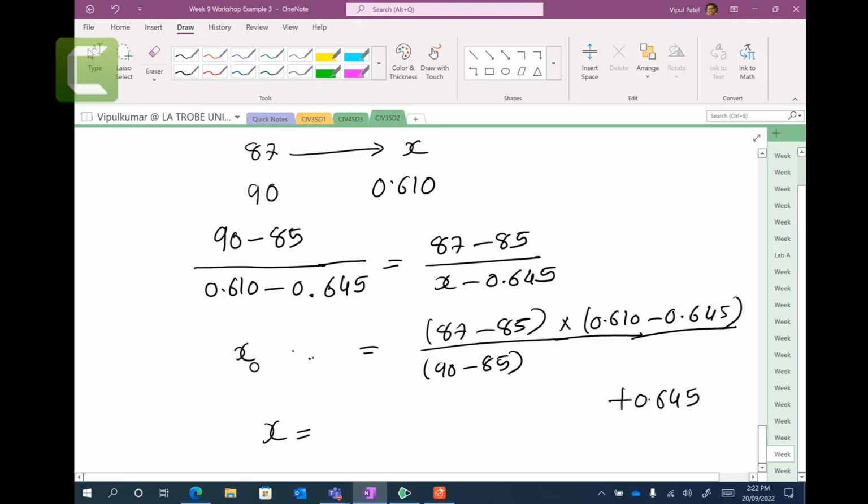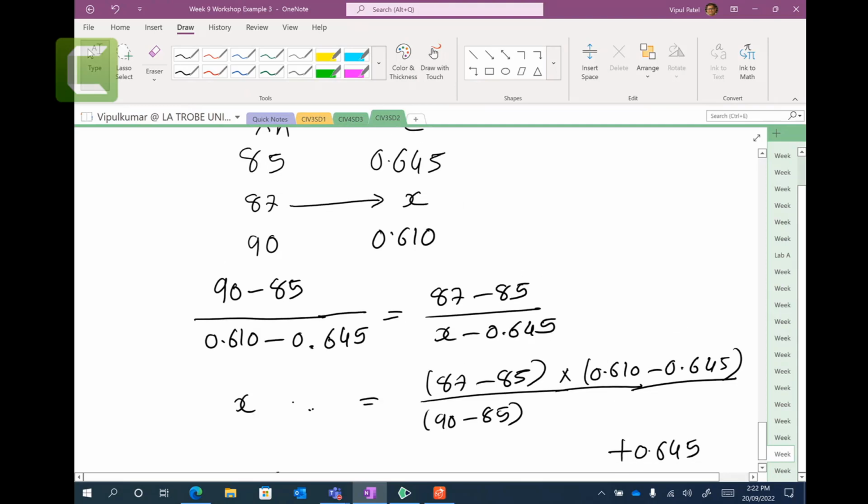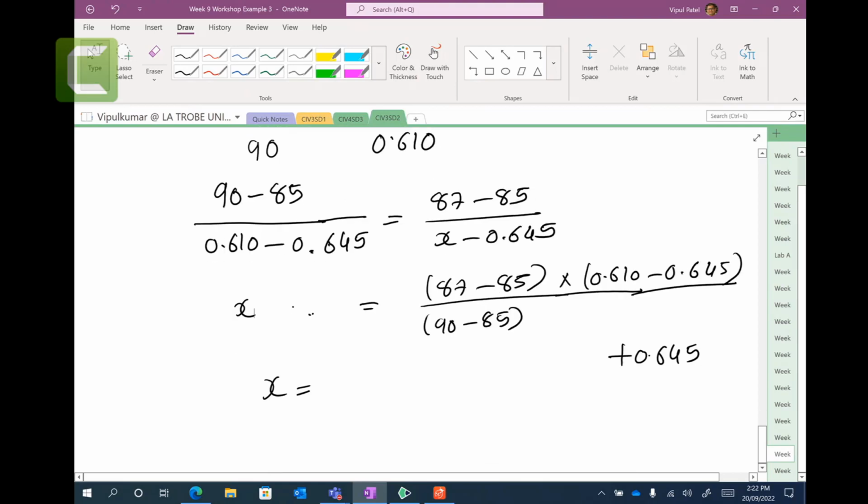Make sure the number is between these two numbers, 0.645 and 0.610. You don't cross those limits. 0.631.